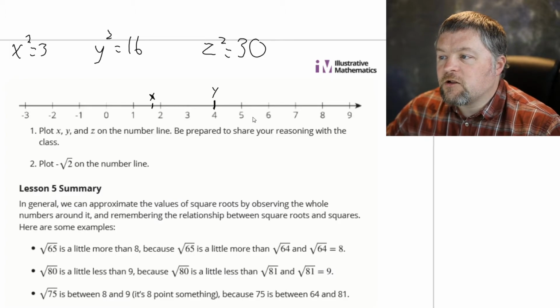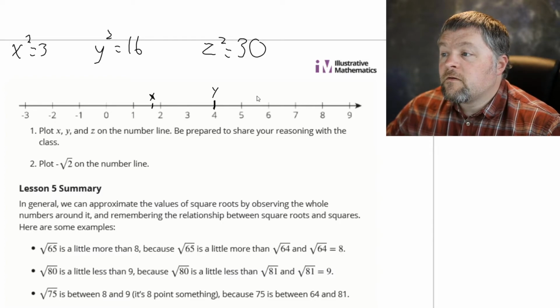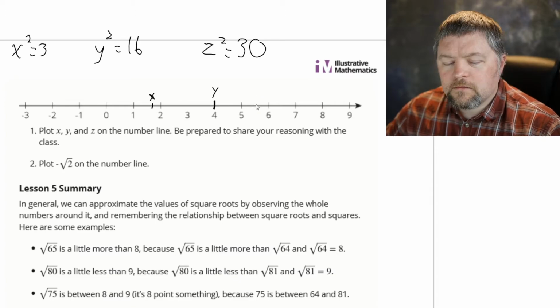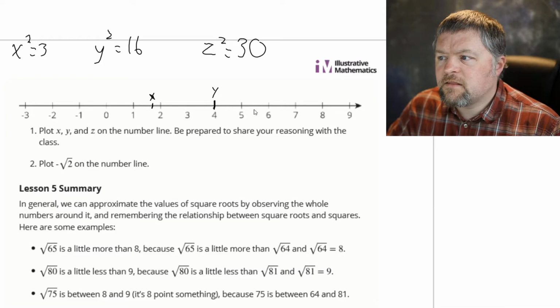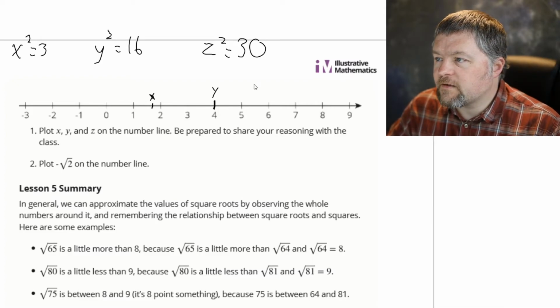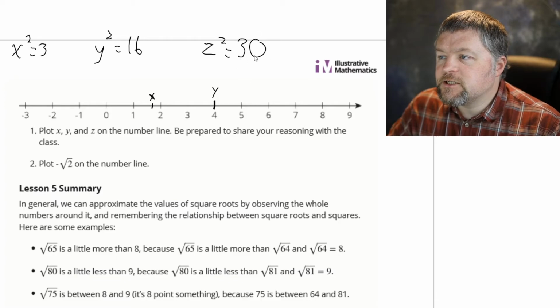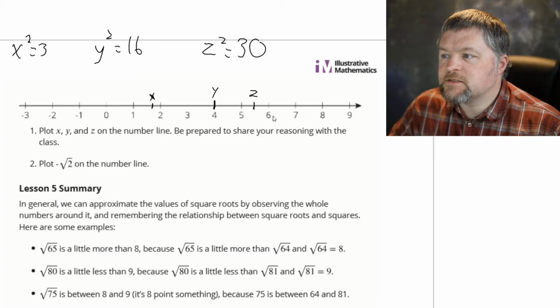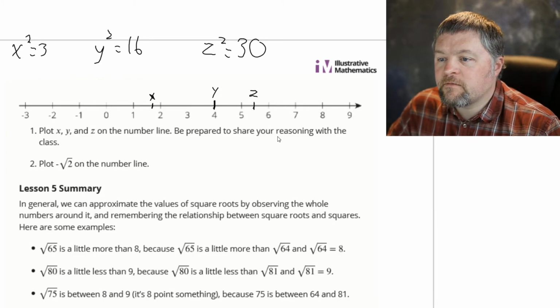Which one will it be closer to? 5.5 squared would be, that's 30.25. So this needs to be just under 5.5. So z is just under 5.5.